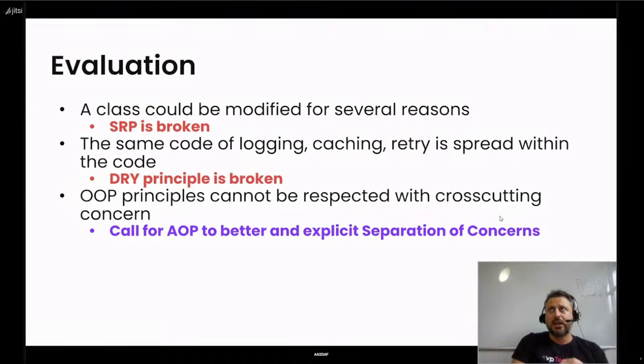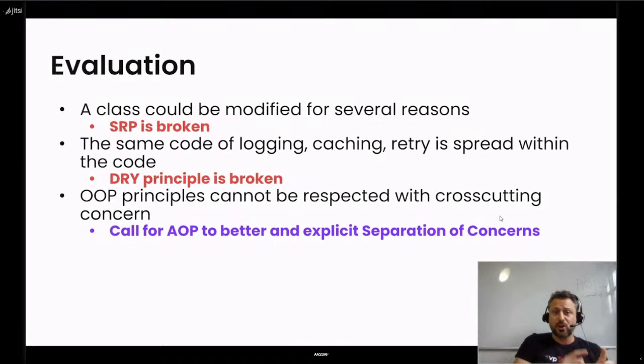If, instead of retrying immediately every time, I want to add a delay of a few seconds before calling the API service again, I have to modify the cart service. If I have to change the cache service, or put a timeout for the cache, I will modify my classes. So the SRP principle is broken here.